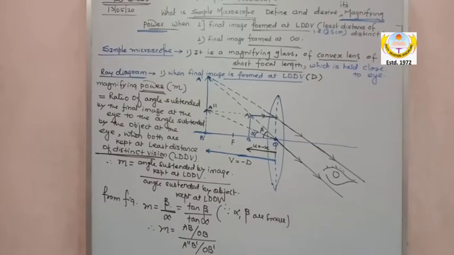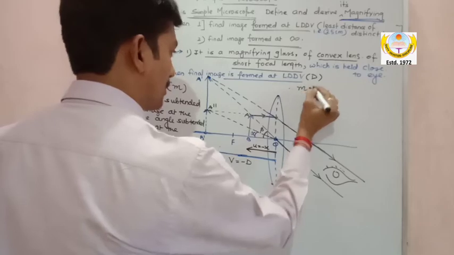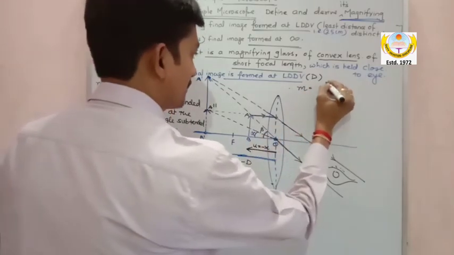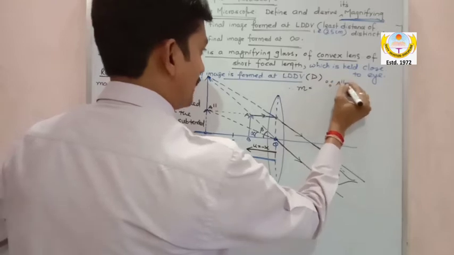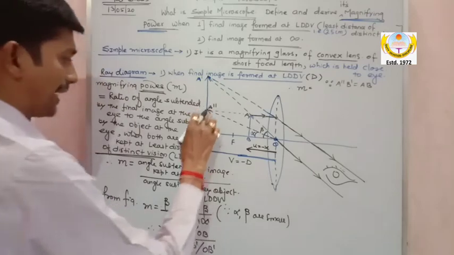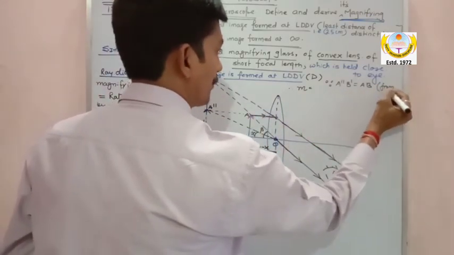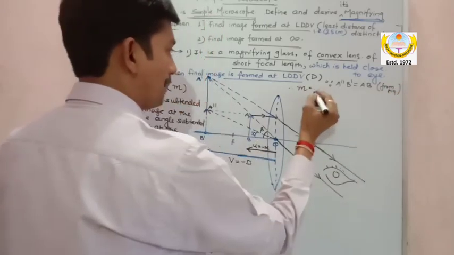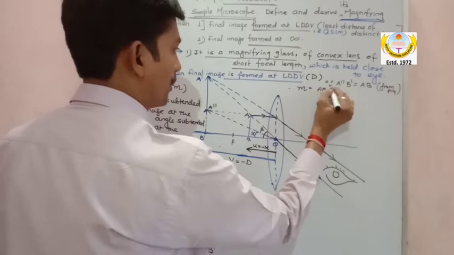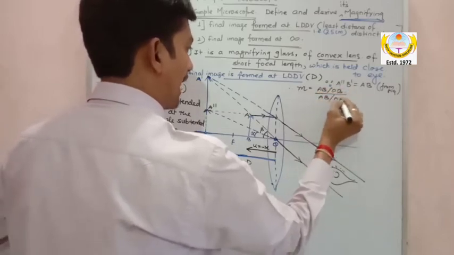So now, if I go further to solve, m is equal to, my dear, further if I solve, since A double dash B dash is equal to AB from the figure. So now m is equal to AB upon OB whole divided by AB upon OB dash.